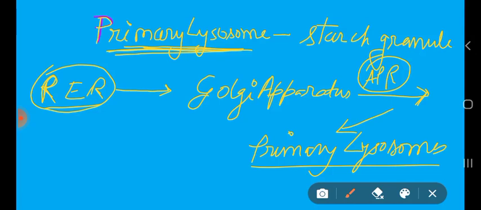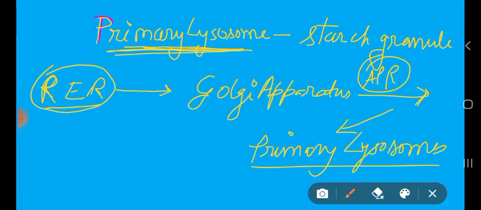Then they enter the Golgi complex, where the acid phosphatase reaction takes place before they are transported to the primary lysosome, and may be preferentially charged with one type of enzyme or another.